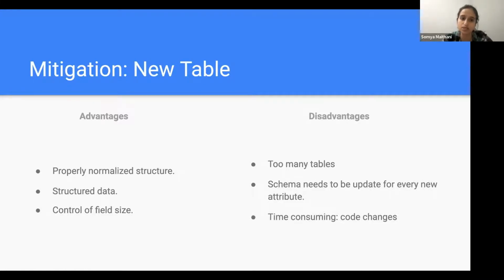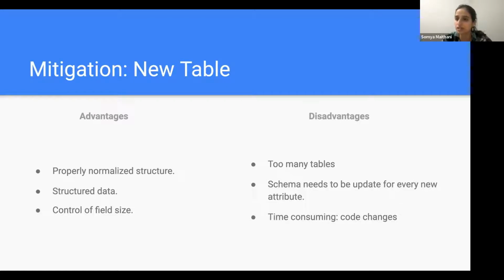The advantages being that, of course, it would be a normalized structure. It would have structured data, and you can control the number of fields that are there in a table. The disadvantages being that there would be too many tables ultimately. There would have to be many things that would have null values.